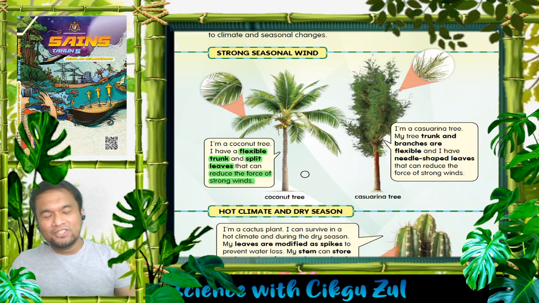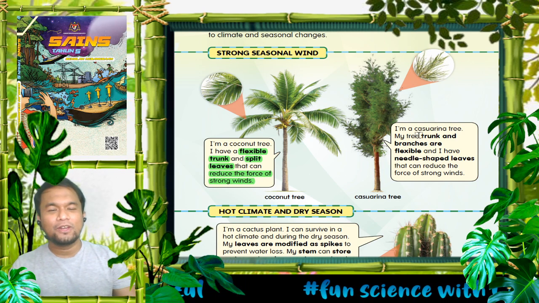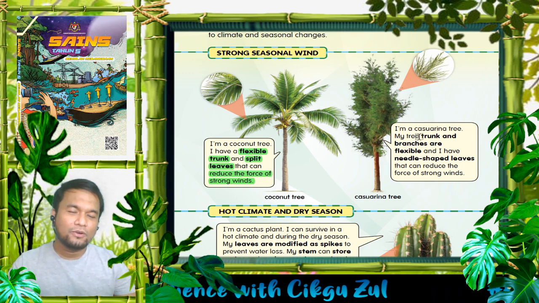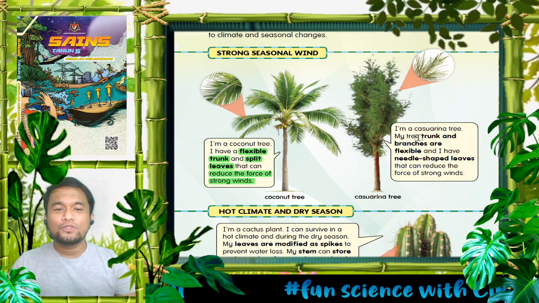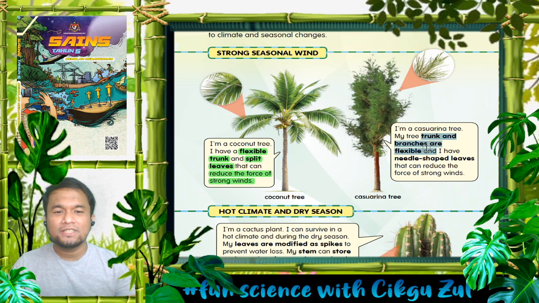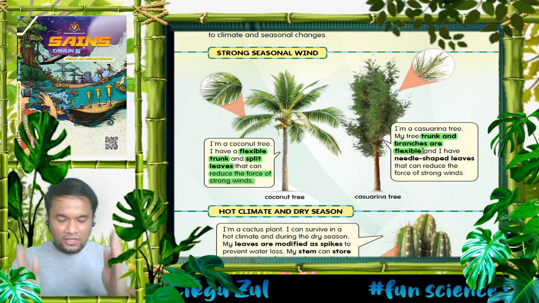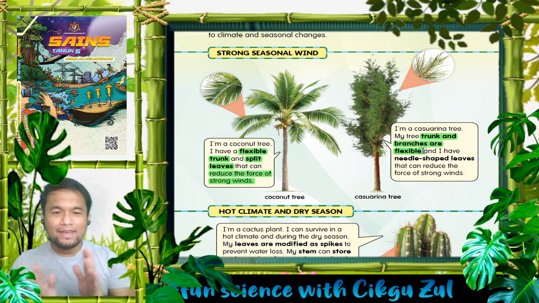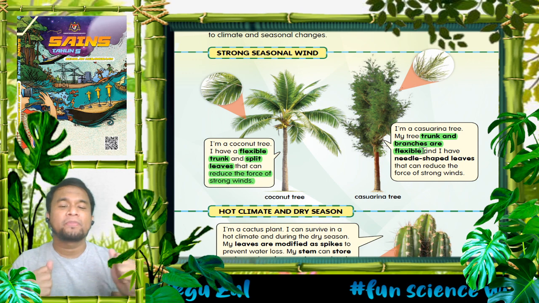Okay, another tree is the casuarina tree. You can find it by the sea area or the beaches area. So I am a casuarina tree. I also have a trunk and branches that are flexible. Sama seperti pokok kelapa tadi, dia punya trunk and branches are flexible. Jadi boleh bend here and there, in any direction.